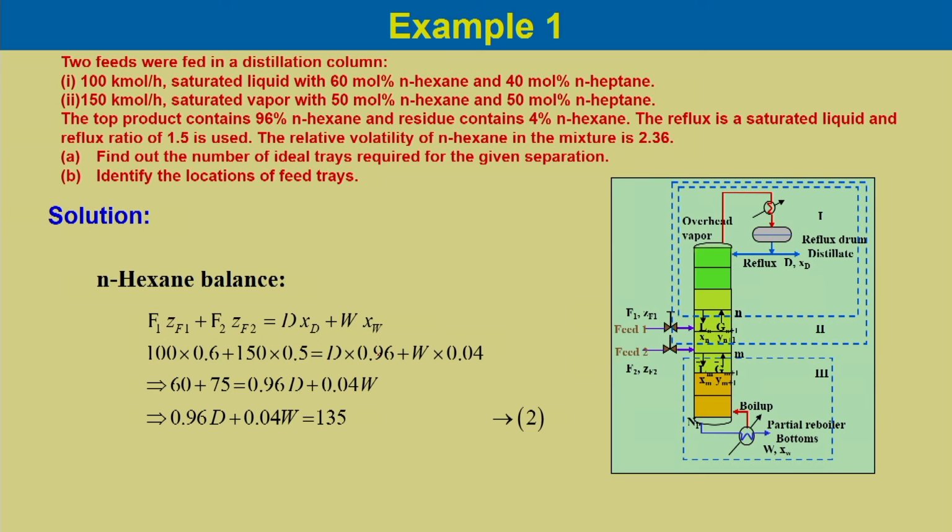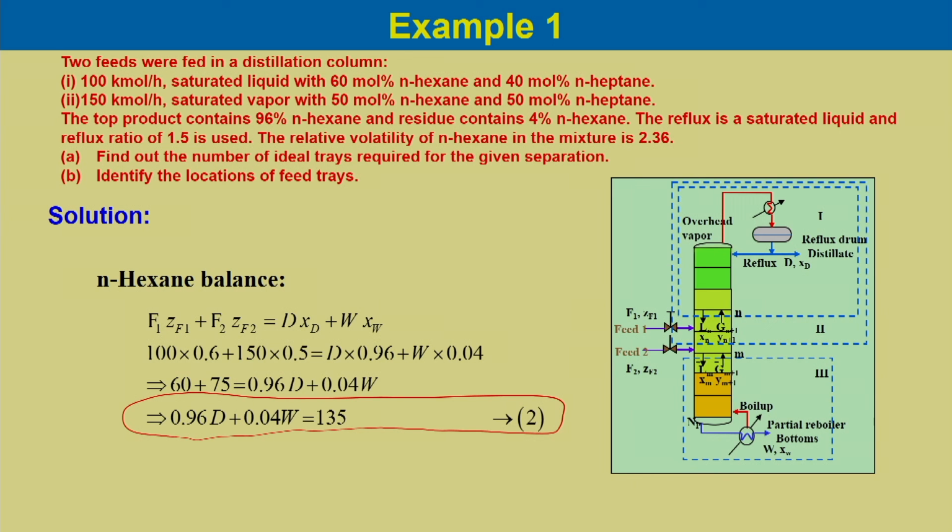For the distillate we have 0.96, that is 96% n-hexane, and 0.04, that is 4% n-hexane, in the bottoms. So, from here we get these equations relating D and W, the distillate and bottoms.